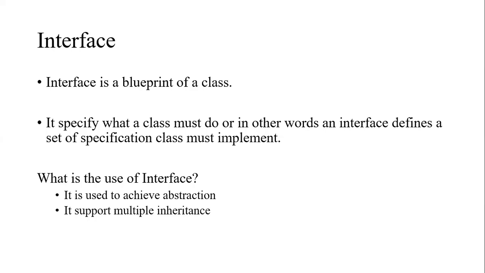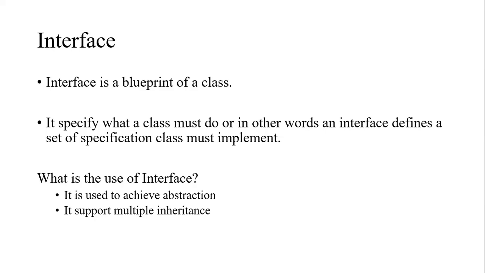It supports multiple inheritance. Did we come across this particular term anywhere while discussing inheritance? While discussing inheritance, we said that multiple inheritance is not possible. We said there will be ambiguity if you are going with multiple inheritance.